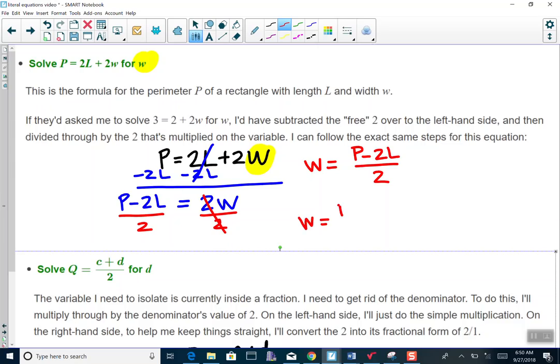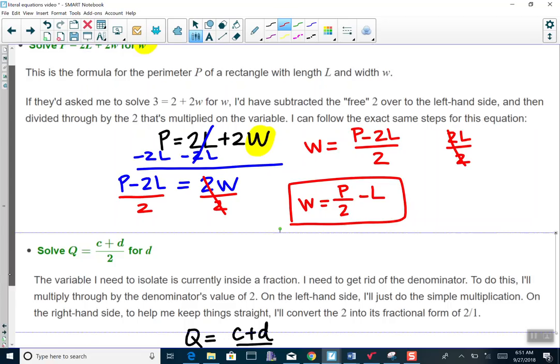So I think the best way to write this is P over 2 minus, I can kind of do my work off to the side, 2L divided by 2, my 2's would cancel. So it's really P over 2 minus L. I think that's the best answer. But if it were a multiple choice test, for instance, you may see that first one.